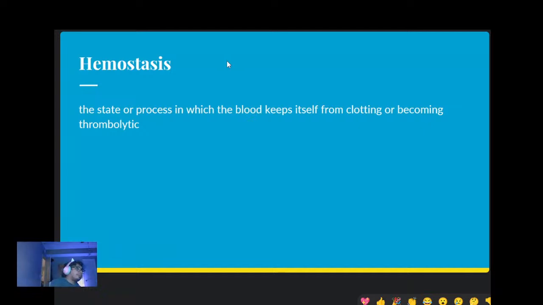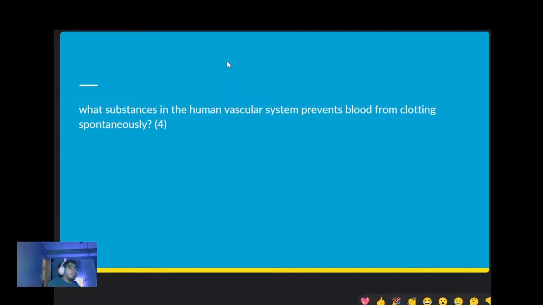Okay? Now, there are several substances in the vascular system, but before we discuss the substances that prevent blood from spontaneously clotting, we need to talk about the processes involved in hemostasis and fibrinolysis, because I think I didn't add it here. So the processes involved are vascular spasm. The next one is formation of platelet plug.